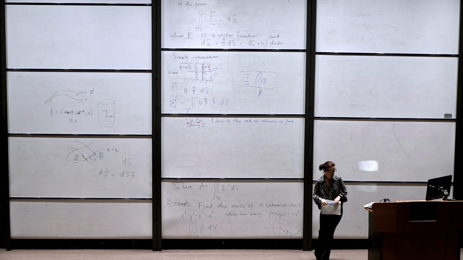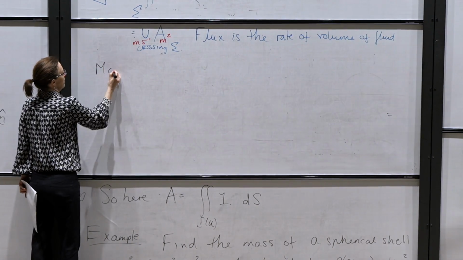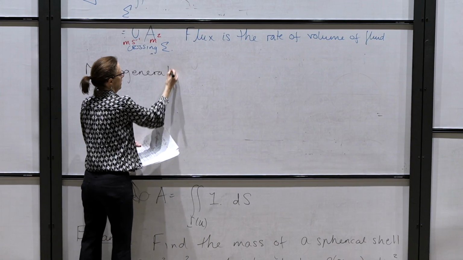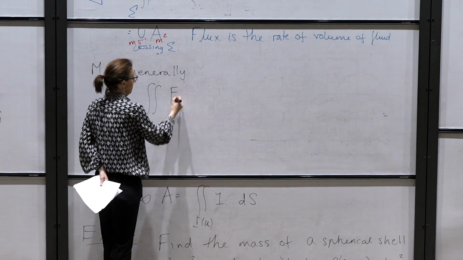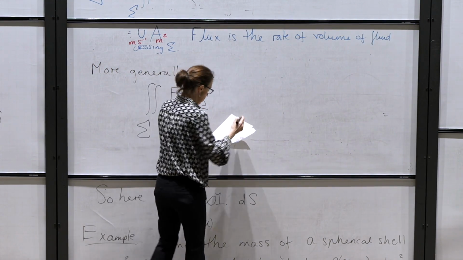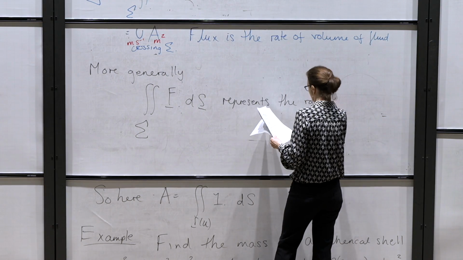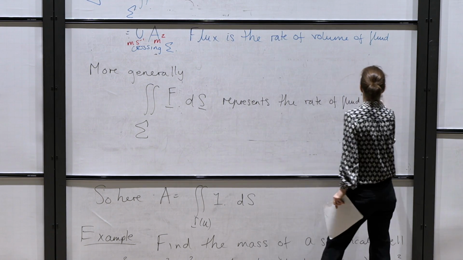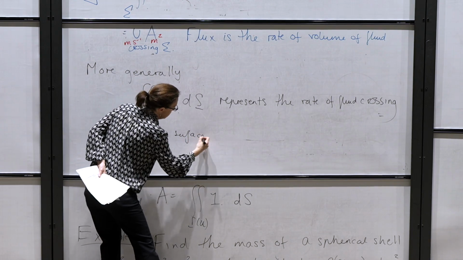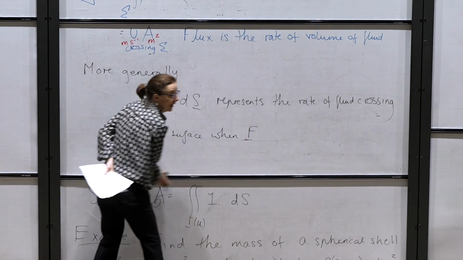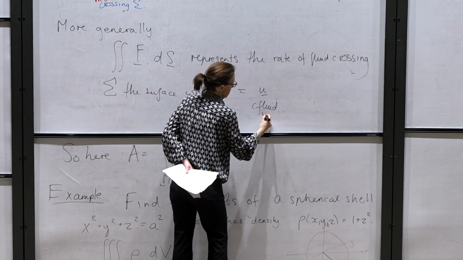So more generally, the integral over some surface, which I'm calling sigma, of F dot dS represents, in this example, the rate of fluid crossing the surface when the F that I'm thinking about is just the fluid velocity.